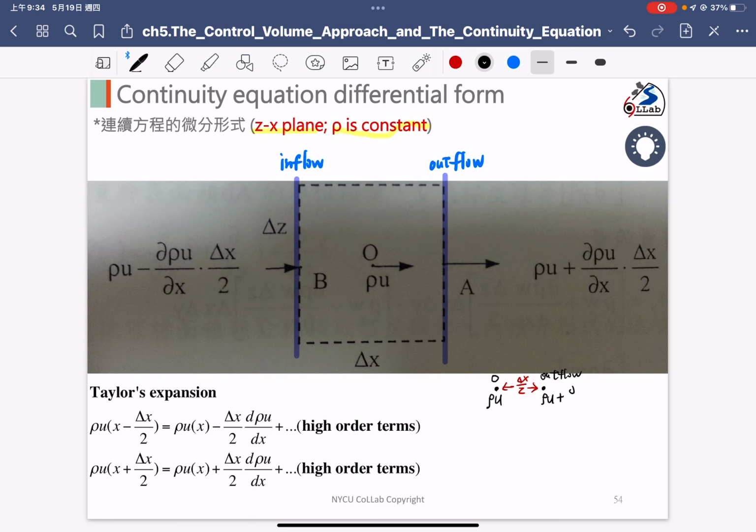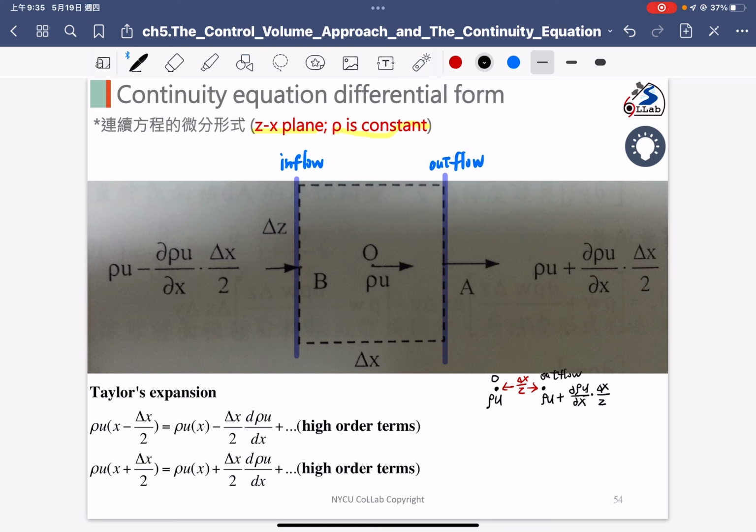So we have the gradient of rho u with respect to x, multiplied by the distance change, delta x over 2. Based on the Taylor expansion, we still have some higher order terms, but delta x over 2 is quite small, so we can ignore the higher order terms.